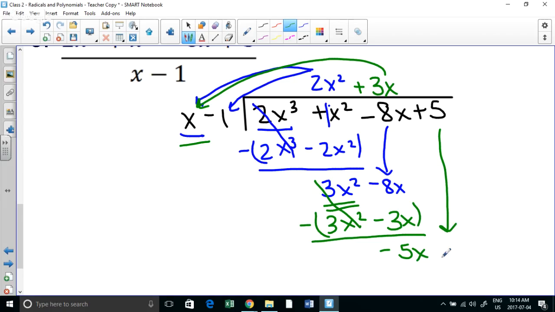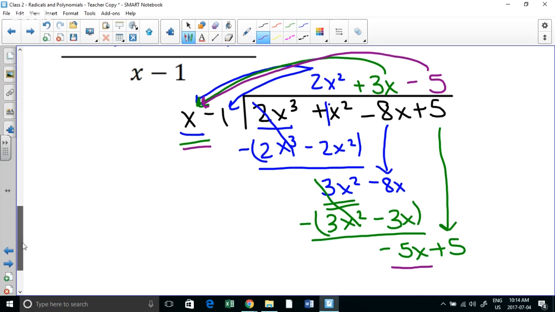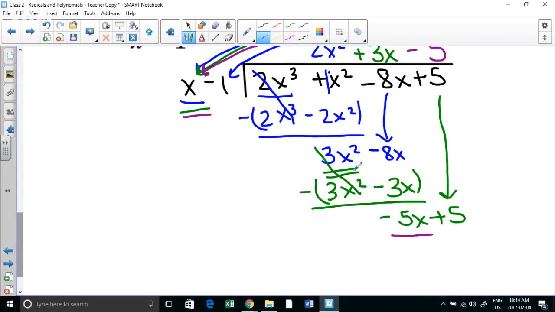I'm going to bring this down. One last time, I'm going to take this and divide by this. Negative 5x divided by x gives me negative 5. Here, multiply, negative 5 times x gives me negative 5x.